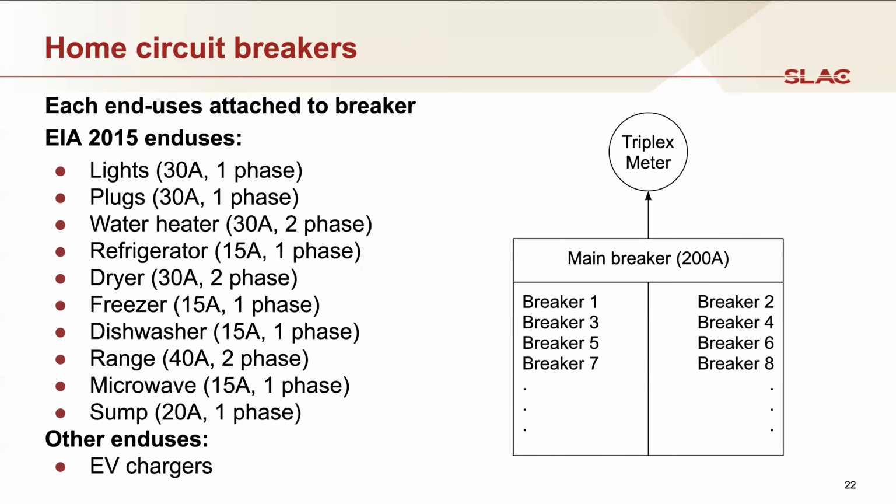Another important aspect of the residential model is the circuit breaker, the panel model. Every end use in a house is assigned its own breaker. This has the advantage of doing two things. One is it limits the total power that can be consumed by any end use.